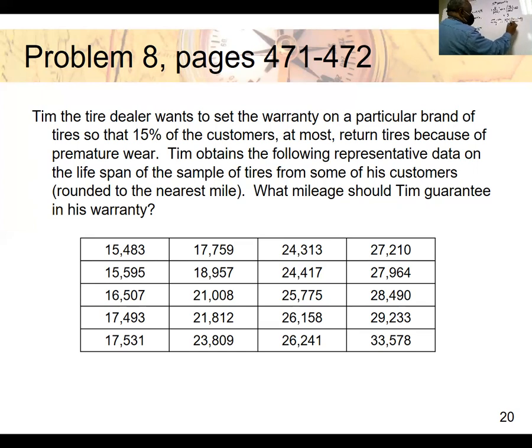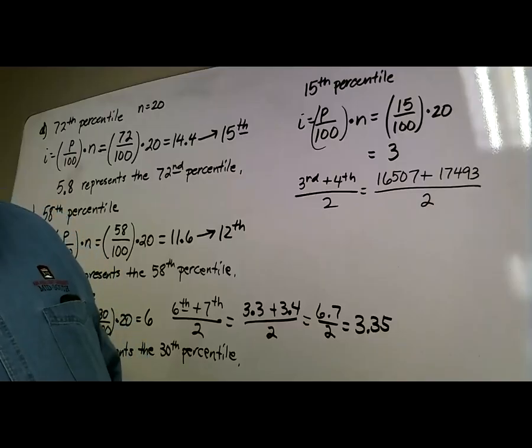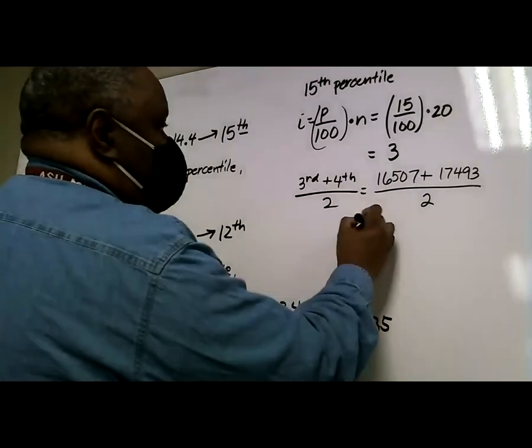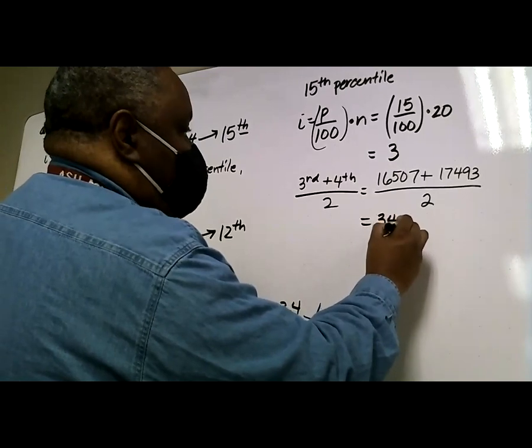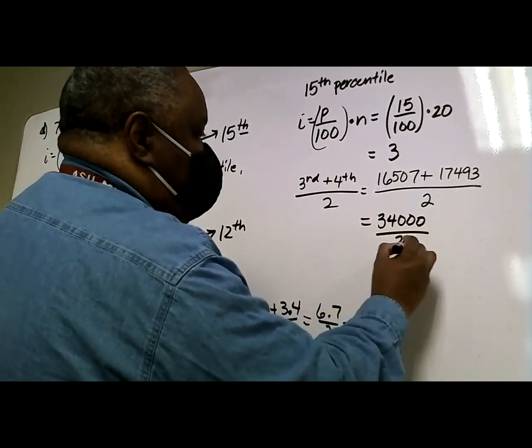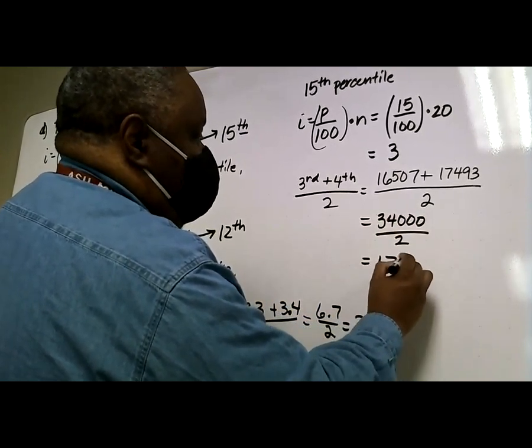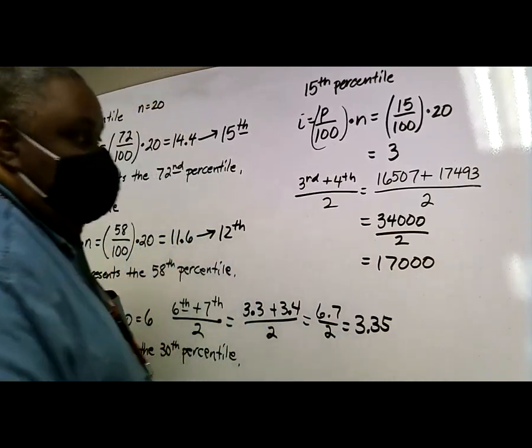And we're going to take the average of the two. So this adds up to how much? Well, I know 34,000 divided by 2 will be 17,000.